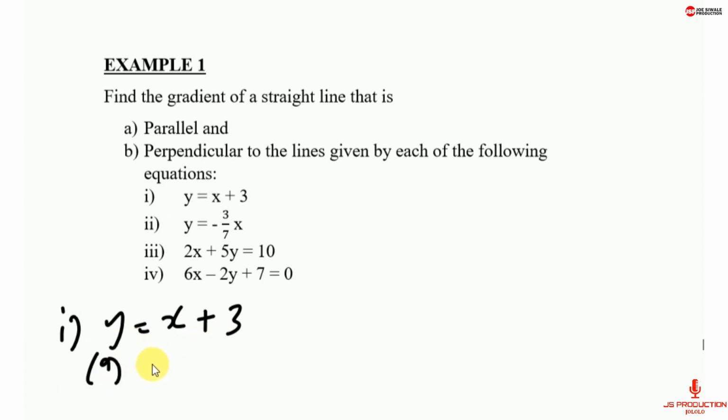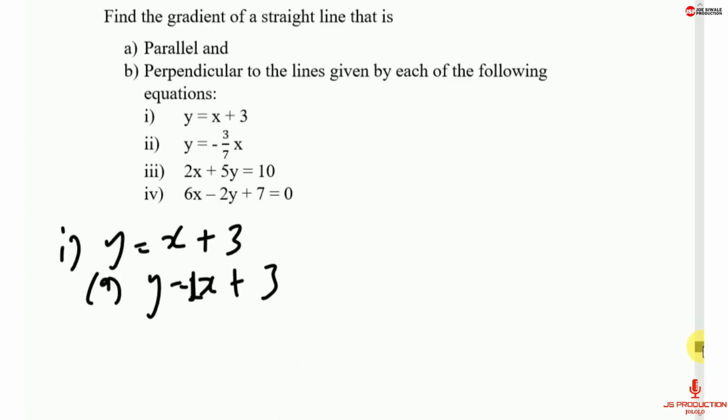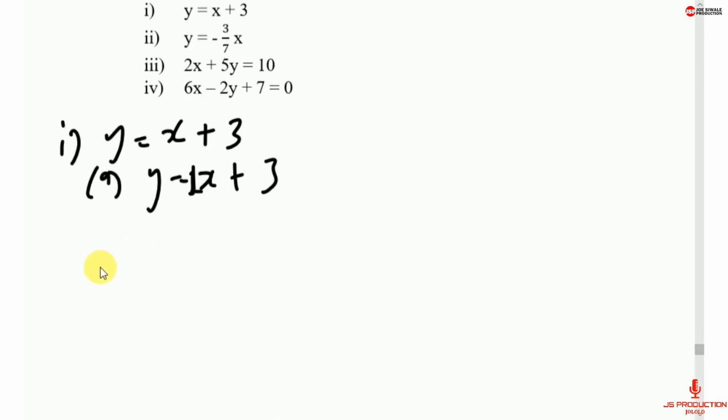For A, since the equation is y is equal to x plus 3, and the gradient is the coefficient of x, and there we have an invisible 1, the gradient of that equation is 1.